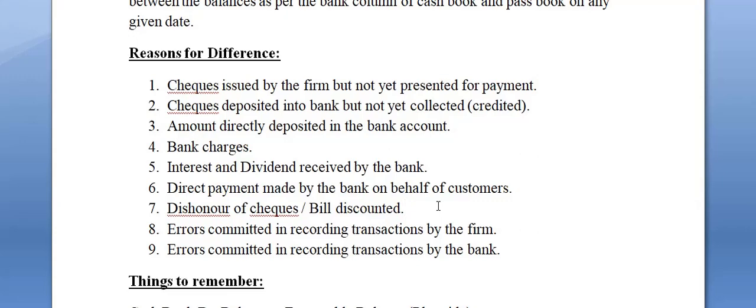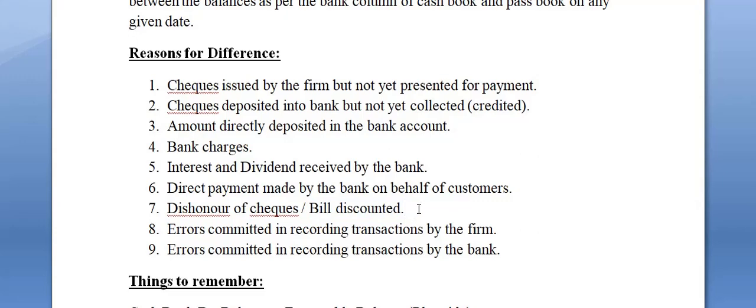And sometimes the bills are discounted with the bank. So when the bills are discounted, at that point of time also, there may be the difference in the cash book and passbook. Okay, so what is bill discounting? We will study later, in a separate chapter called bills of exchange.